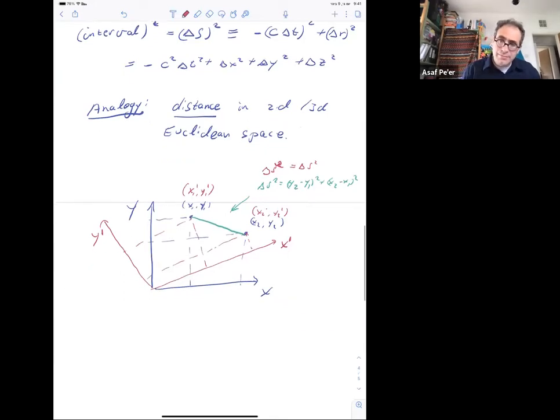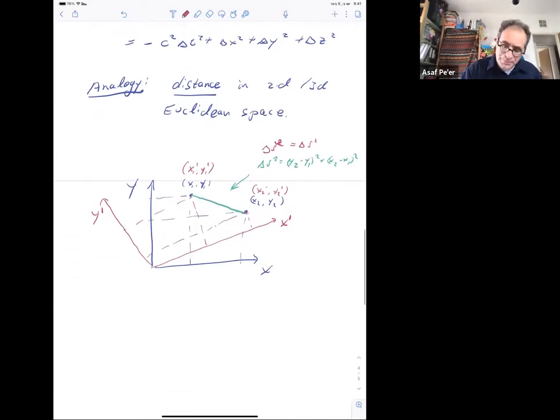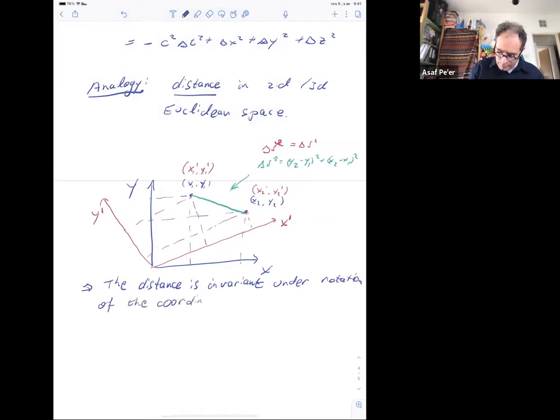So we say that the distance is invariant under rotation of the coordinate system. Fine? Cool? Good.